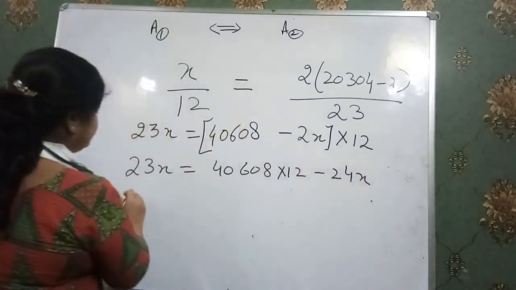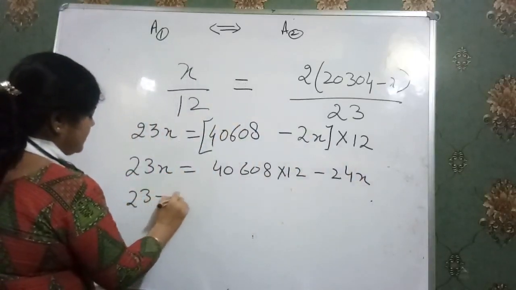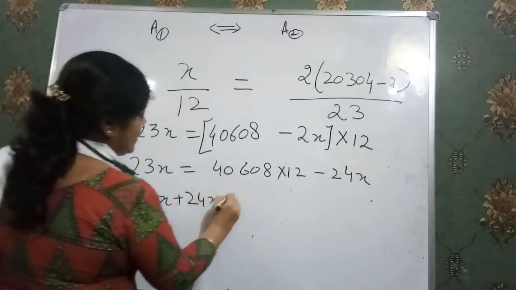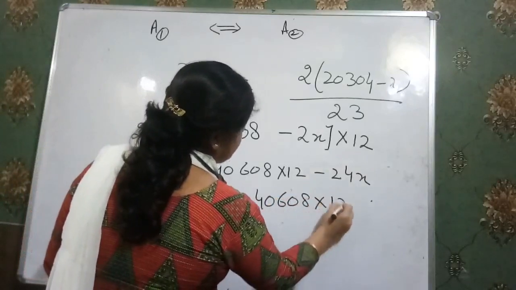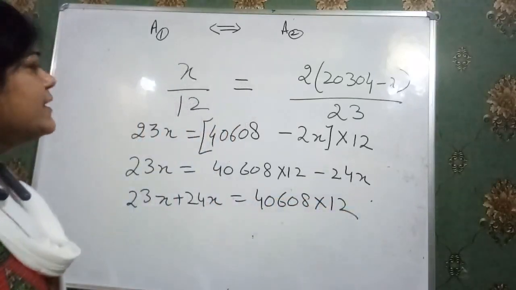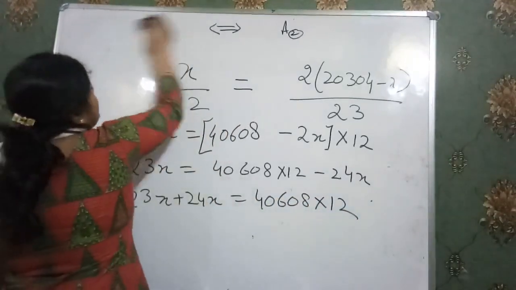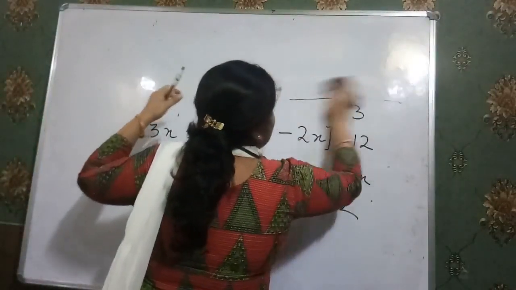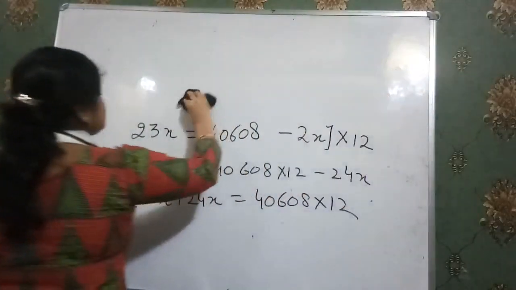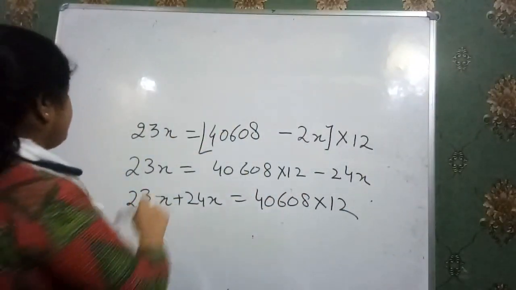Just take it here, 23x plus 24x is equal to 40608 into 12. Now you will solve it, I think. So I am solving it for you. In this way we have done two different types of questions on shares and dividends.